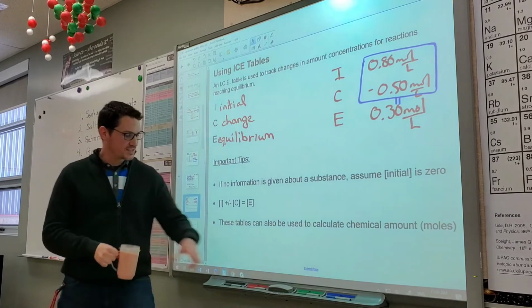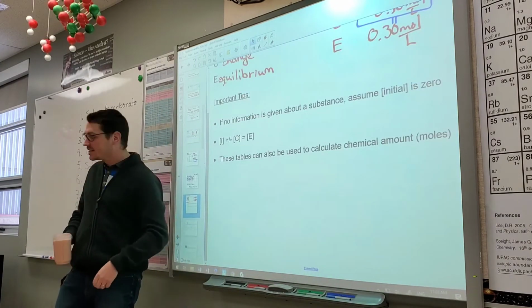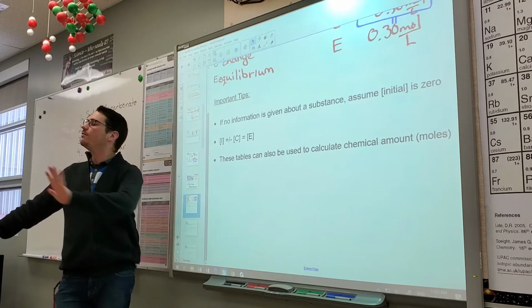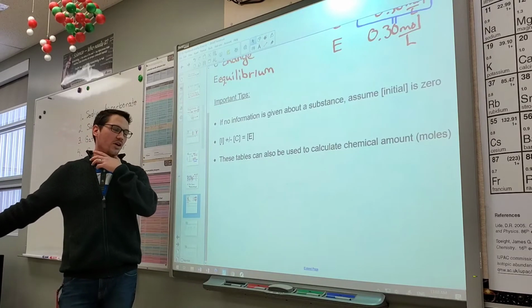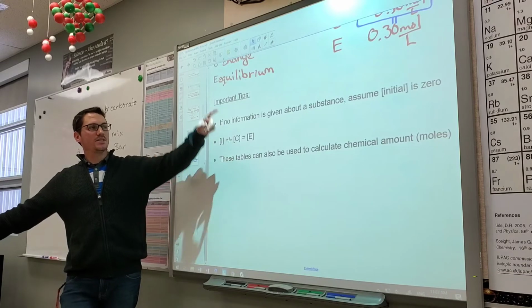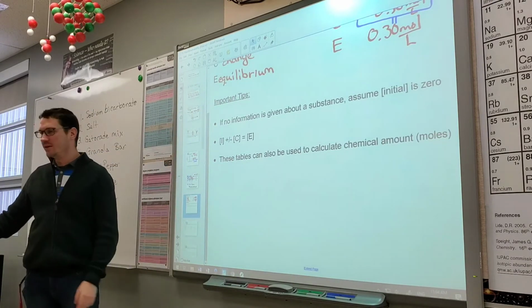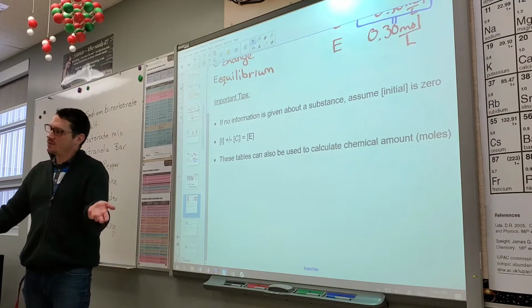Some tips and tricks about this. If no information is given about a substance, you can assume the initial is 0 for the most part, okay? We'll talk about when that's not really true. Remember that the initial plus or minus the change is equal to the equilibrium, right? If you start with 5 and you lose 3, well, at equilibrium you must have 2.